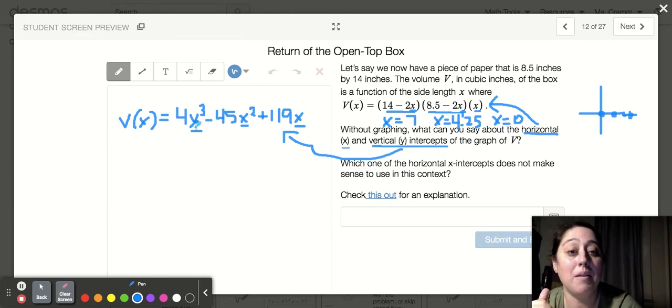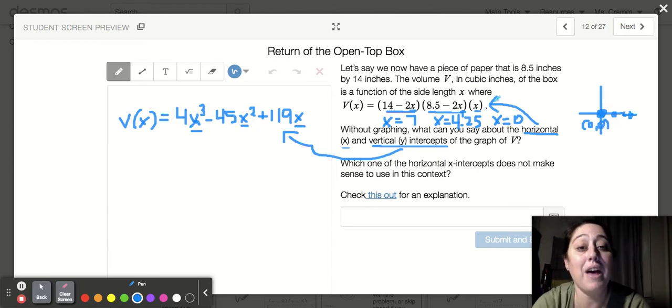So that would tell me that my y-intercept is also at 0. So this point right here, you would have a point (0, 0). Okay, so that would be your y-intercept.